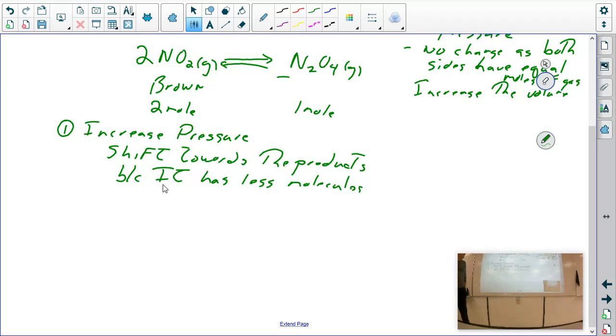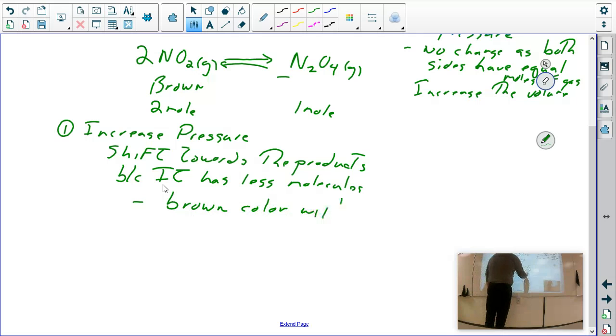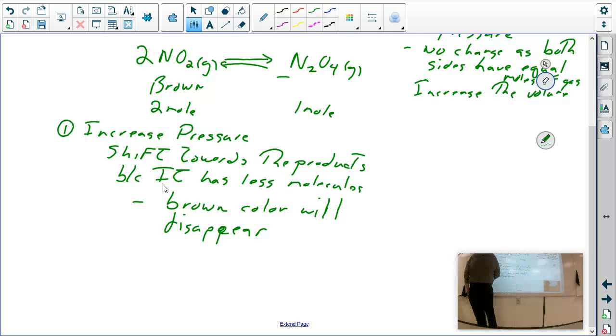What will we see? The brown color will disappear, again because we are shifting to the side that doesn't have the brown color.